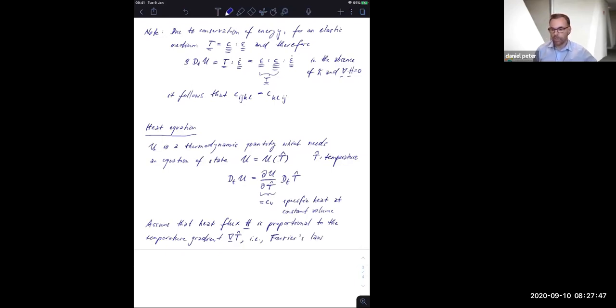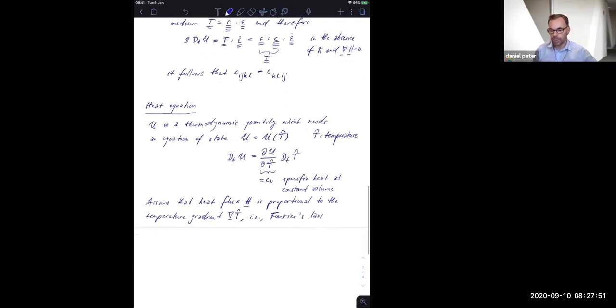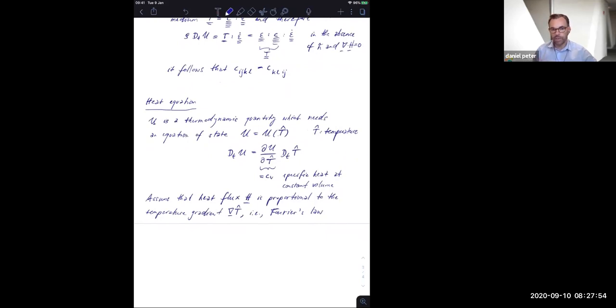Similar to how we saw Hooke's law, which is a constitutive relation between stress and strain, we have Fourier's law, which is a constitutive relation between the heat flux and the temperature.